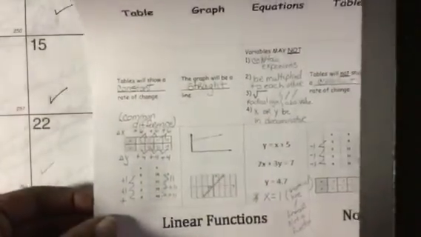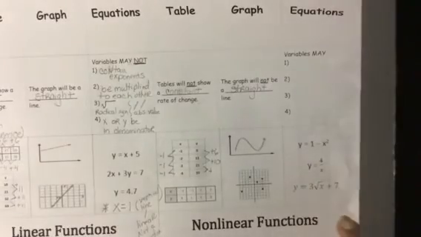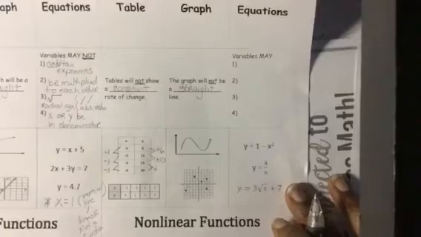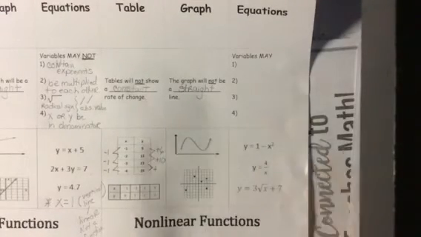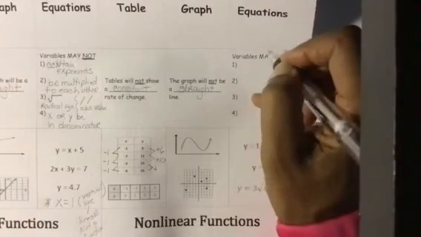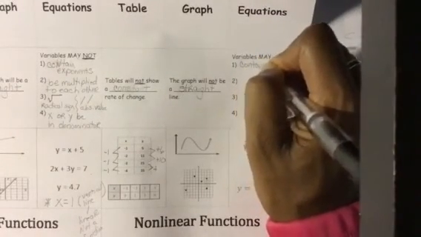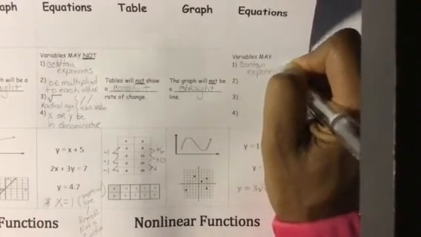All right, so I'm going to slide this over. And now we're going to look at equations that are non-linear functions. So your variables may contain exponents because they're non-linear, such as the example here.